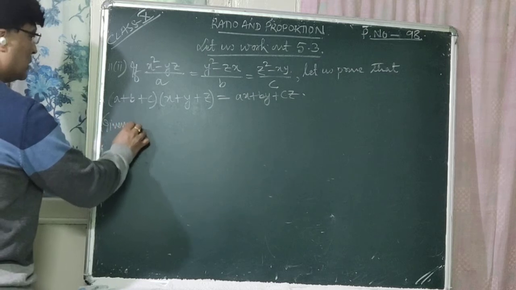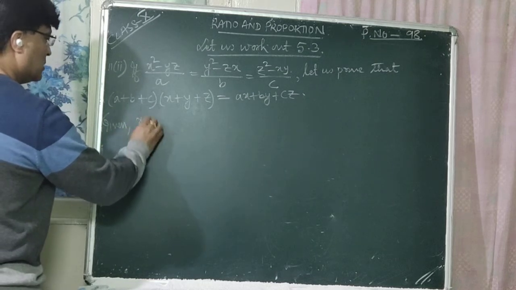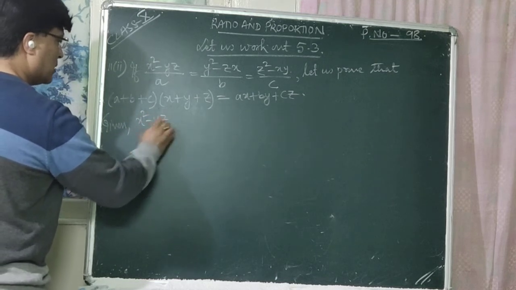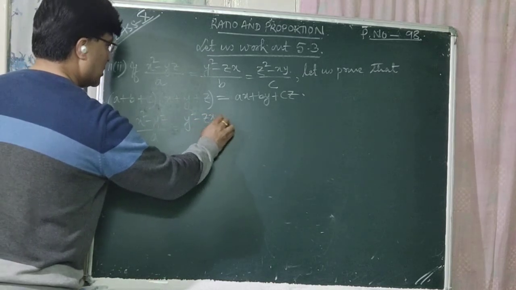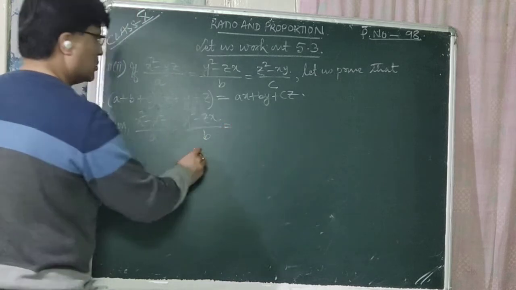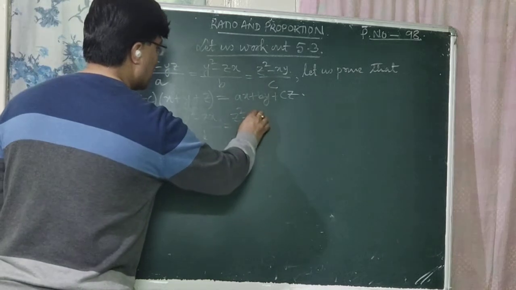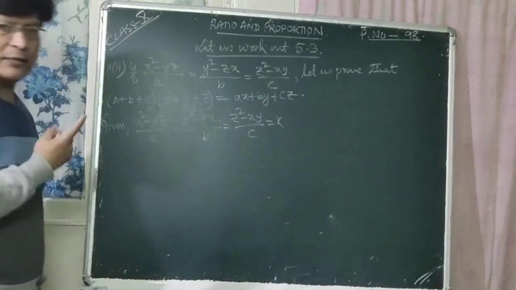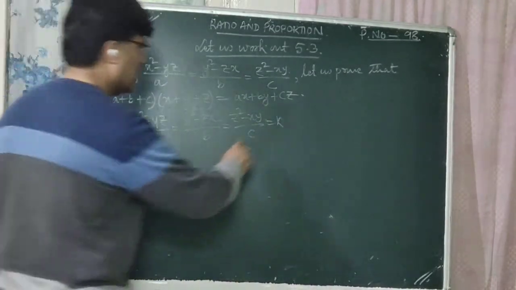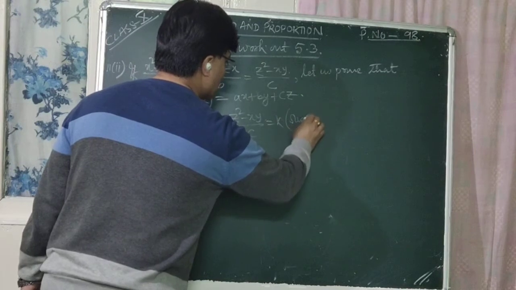Given, what is given here? It is (x square minus yz) upon a is equal to (y square minus zx) upon b is equal to (z square minus xy) upon c is equal to k. Let us assume k here.